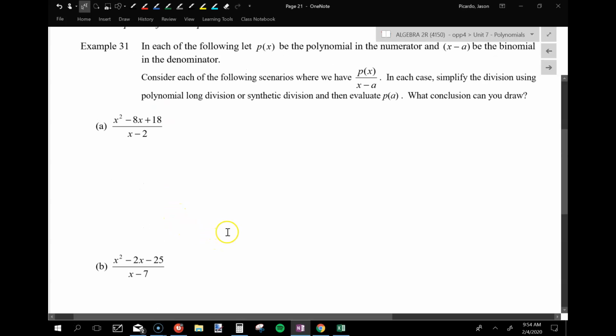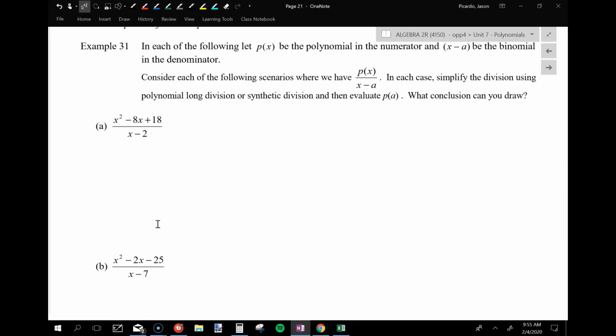So all we're going to do here, guys, is I want to know, is the denominator a factor of the numerator or not? Okay? So yesterday we learned a shortcut method, and that shortcut method was called what? Synthetic division. And what did I need to do to use synthetic division? Well, I had to put the root of the denominator in the box, the special box, right?